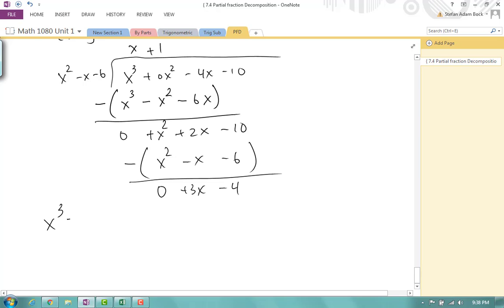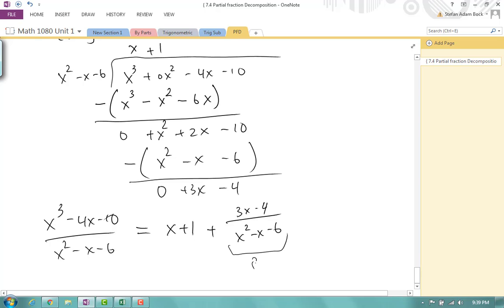To get that x cubed minus 4x minus 10 all over x squared minus x minus 6 is equal to x plus 1 plus 3x minus 4 all over x squared minus x minus 6. And I can use partial fraction decomposition on that part. In this first part, if I needed to integrate it, I can integrate that just fine.